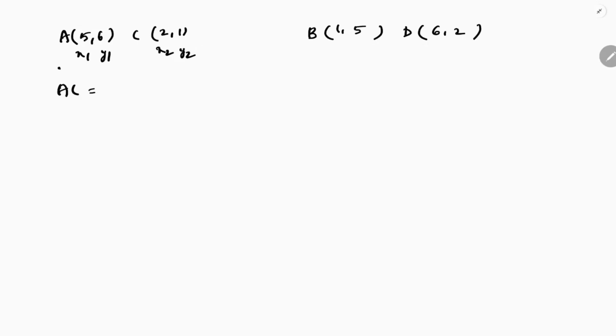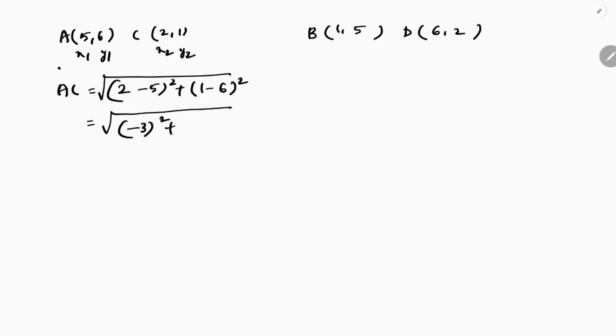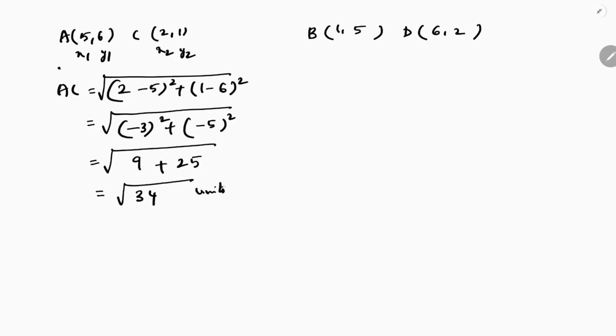AC distance is under root (2 minus 5) whole square plus (1 minus 6) whole square. 2 minus 5 is minus 3, squared is 9. 1 minus 6 is minus 5, squared is 25. 25 plus 9 is 34, so root 34 units.